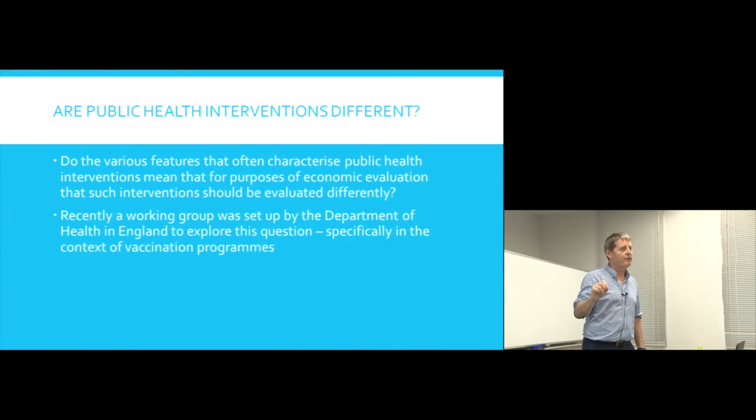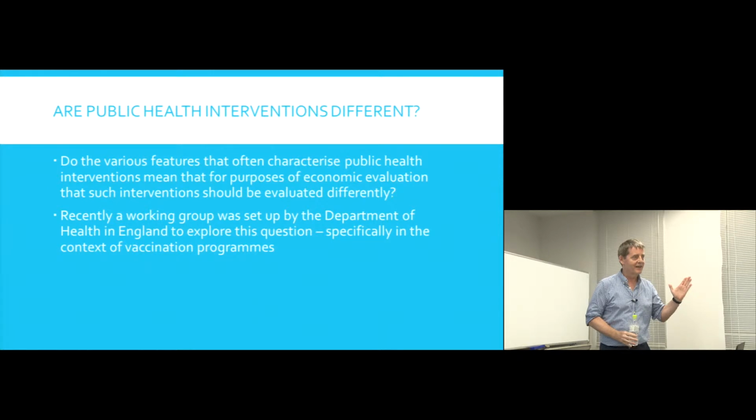If you get above 100,000 signatures, Parliament must at least look at this concern. In response to the initial decision making on the Men B vaccine, they got the biggest ever list of signatories saying we don't like this decision. It's called a petition, and so the House of Commons Petitions Committee then looked at this.